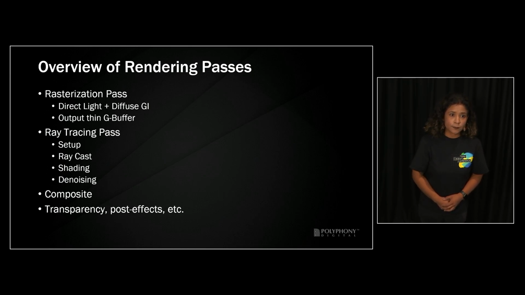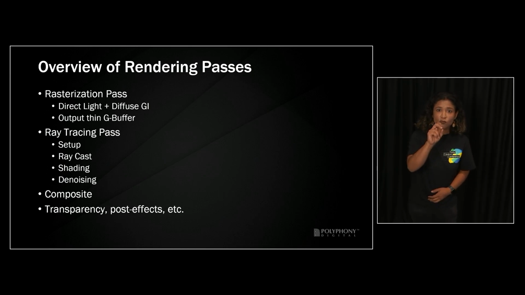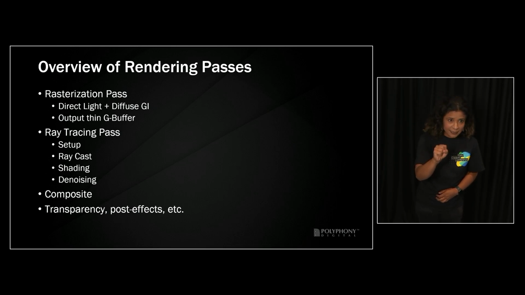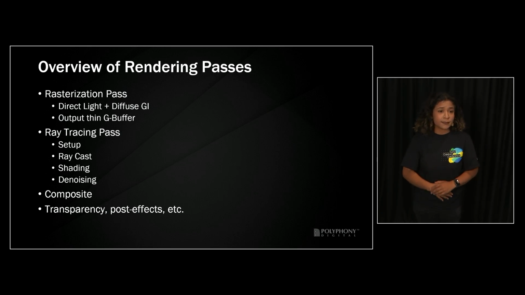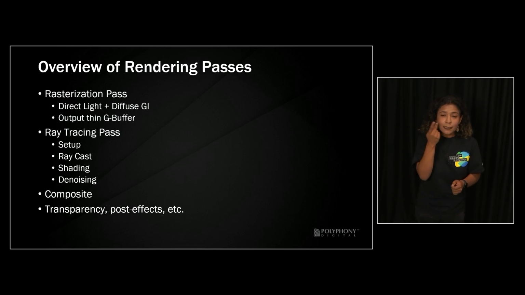The final overview of rendering passes is shown in the slide. First, the rasterization pass is done. Next, specular GI is computed with ray tracing in the ray tracing pass. The ray tracing results are then composited, and processing such as transparency and post effects are performed.